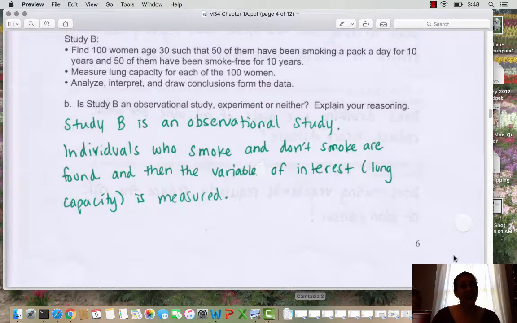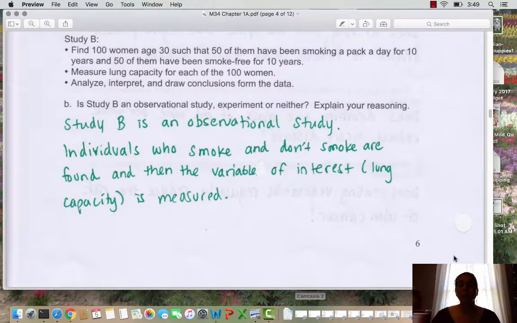So we can't ever say for certain that there's a cause and effect relationship in this case, but the evidence is so strong from the many, many observational and health studies that have been conducted that we effectively conclude that smoking causes lung cancer, without a cause and effect relationship for sure from an experiment.